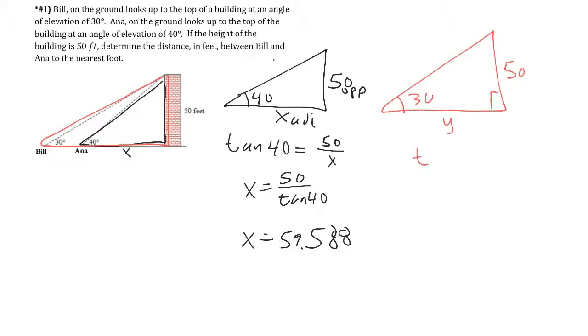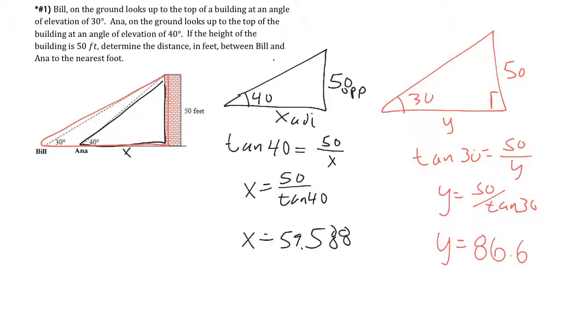So let's find the bottom here. It's going to be tan 30 equals 50 over y. So y equals 50 divided by tan 30, which is 86.6.